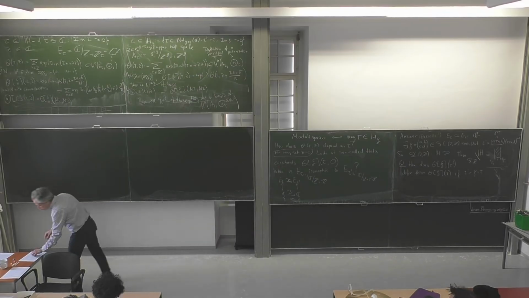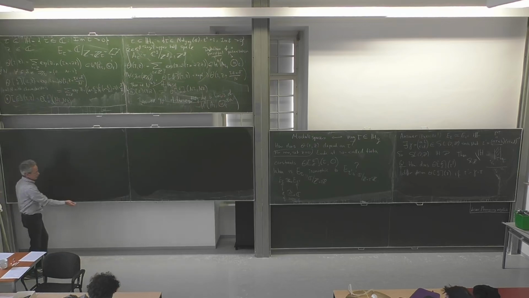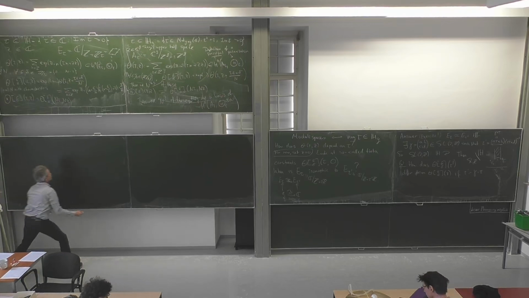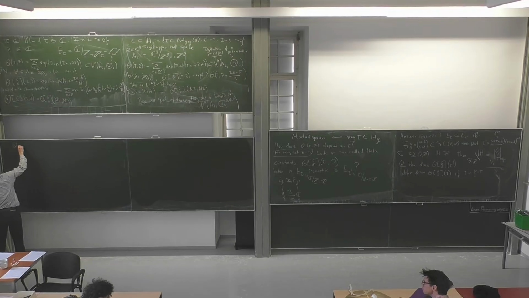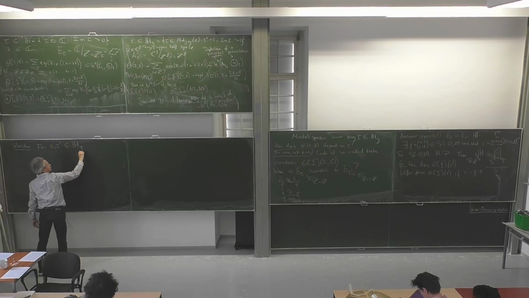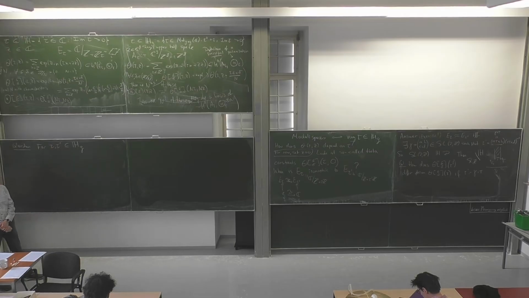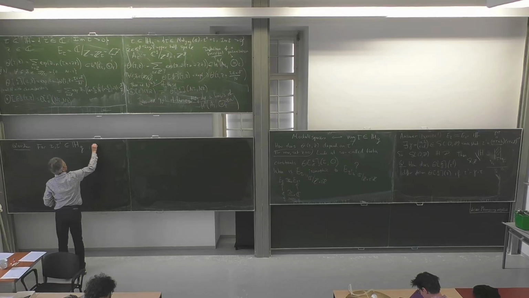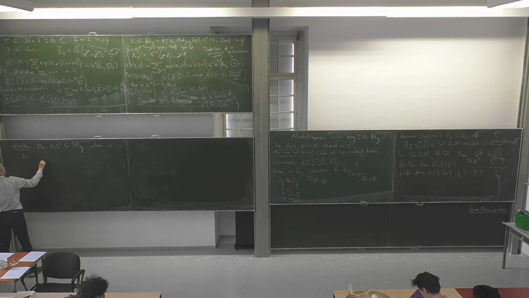Okay. Next question. So I want to just do the same blackboard, but in higher genus. Question. For two elements in the Siegel upper half space, so two g by g symmetric matrices with positive definite imaginary part, when is the abelian variety A tau isomorphic to the abelian variety A tau prime?